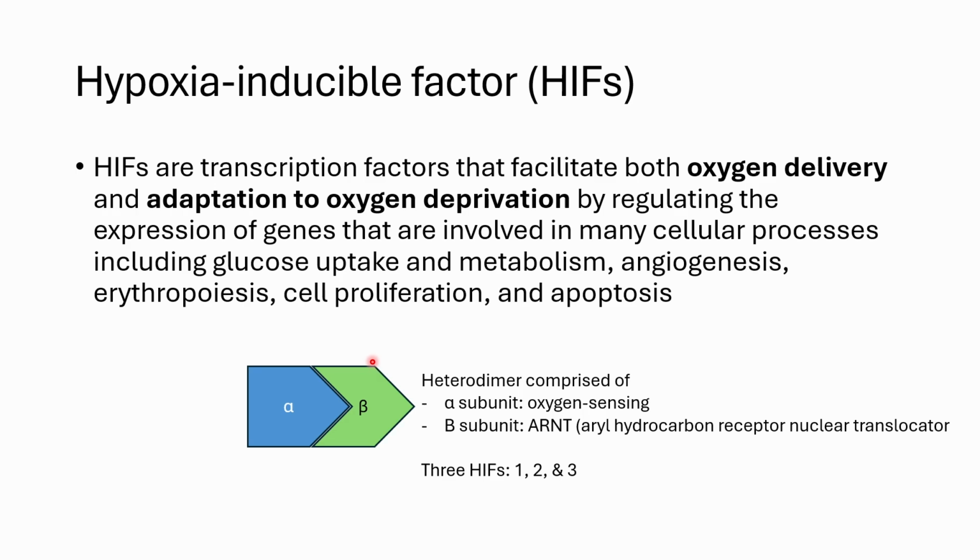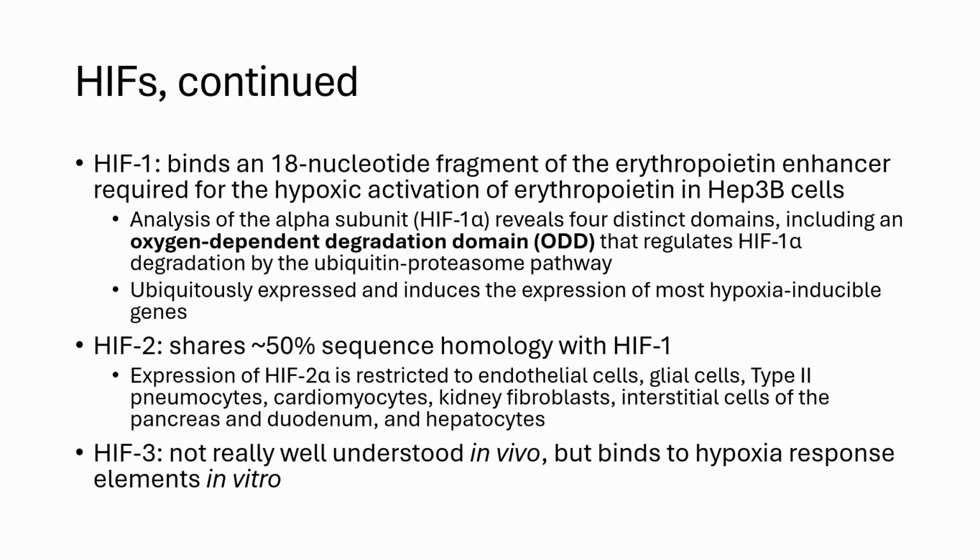There are 3 families of HIFs: HIF1, HIF2, and HIF3. A little more about the individual families. HIF1 binds an 18 nucleotide fragment of the erythropoietin enhancer required for the hypoxic activation of erythropoietin in Hep3B cells, so the generation of more red blood cells in response to hypoxia.